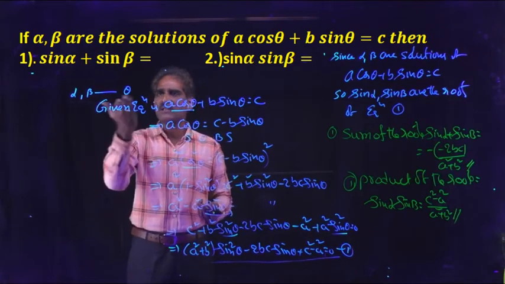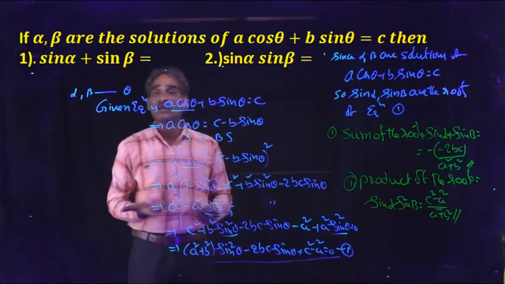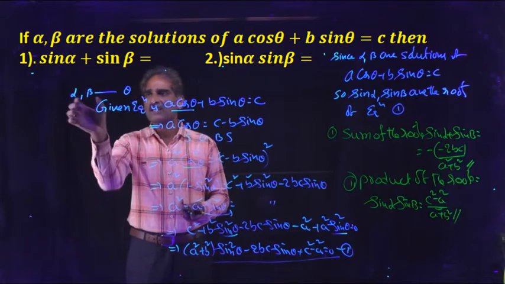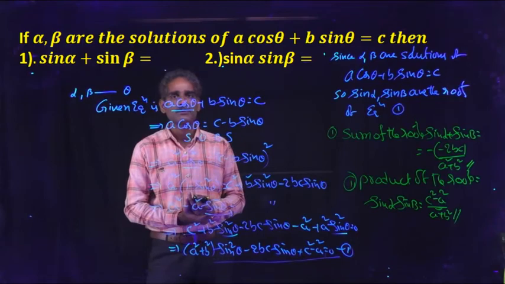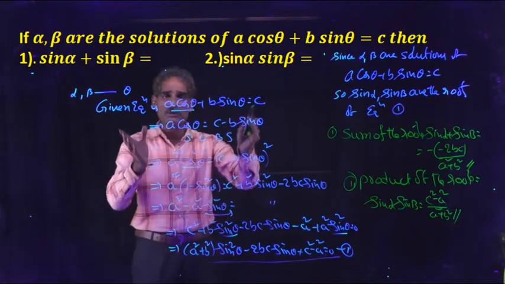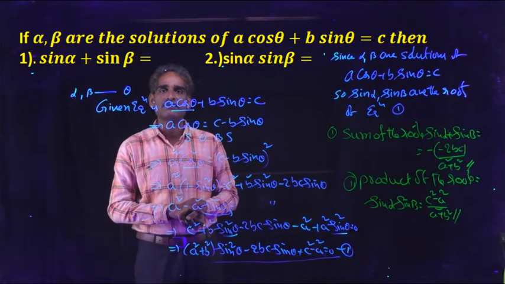Since alpha, beta are the values of theta, the angles are fixed, so we will get cos alpha, cos beta as roots. In that case we have to change this equation into a quadratic equation in terms of cos theta.